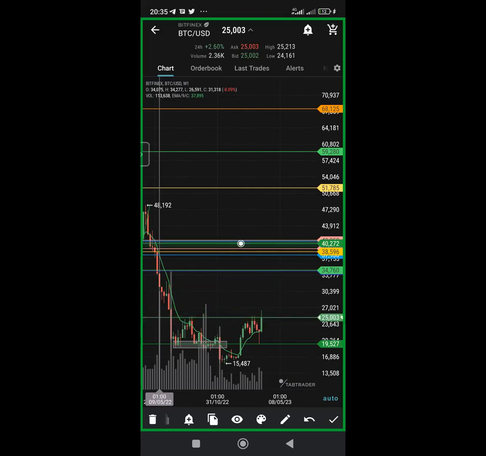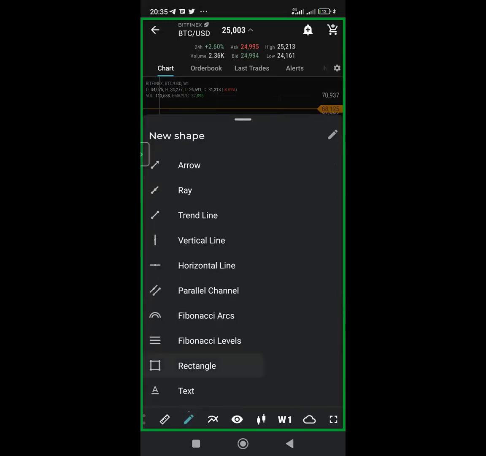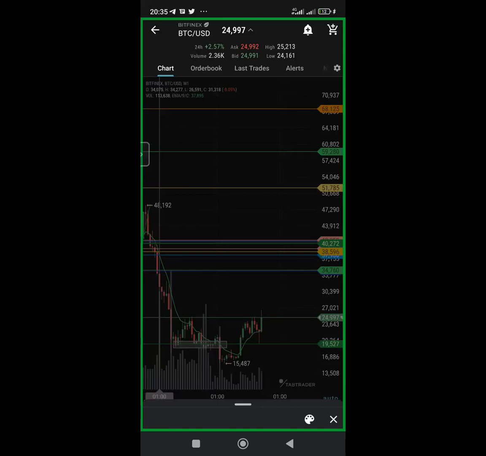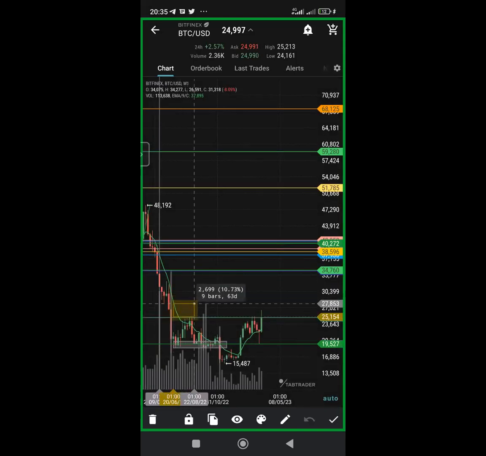For teaching purpose, I can say my key price zone is this zone, because it's not just one price that is a key price zone. You can say let it be all this section.